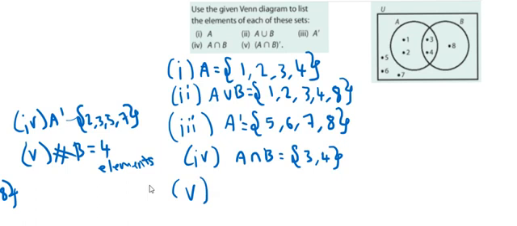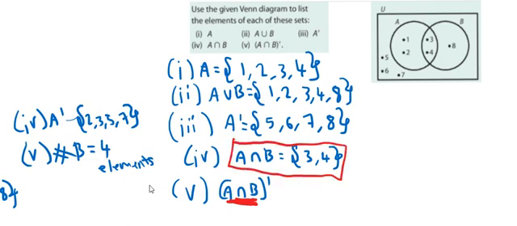The last one then might take a little bit of thinking about. It's A intersecting B complement. That means if we take everything that's in the set A intersecting B, it's everything that's not in that set. So if you look up here, we've already actually calculated what's A intersecting B. So for this next set, it's going to be everything that's not 3 or 4 basically.